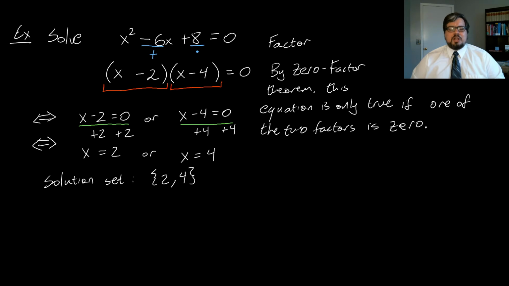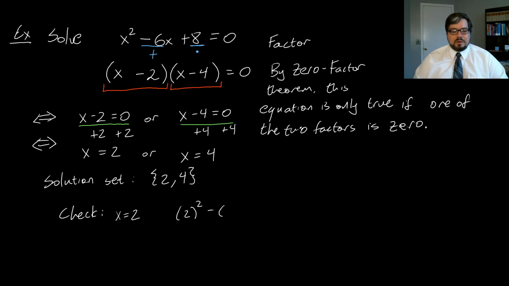Now let's go and check this. Let's check our work. As we start working on more complicated problems, it's going to be good for us to make sure and check our work more regularly. So let's check the potential solution x equals 2. We want to go back and plug that into the original equation.